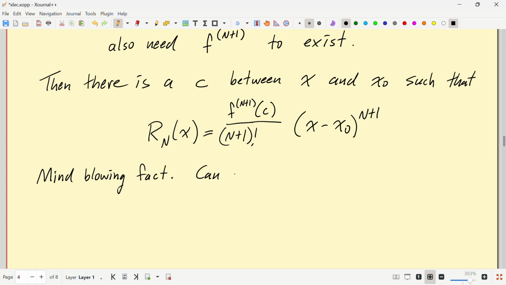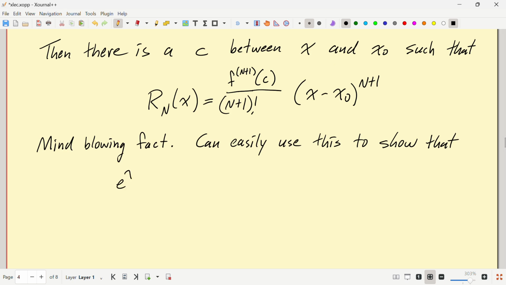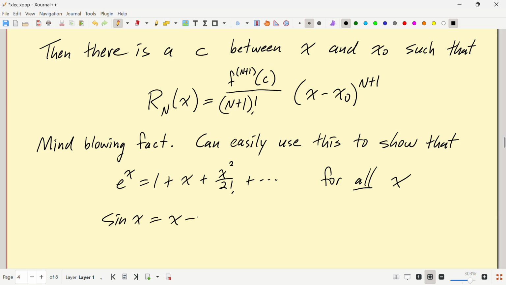You can easily use this error estimate to show that the famous power series for things like e to the x is actually equal to 1 plus x plus x squared over 2 factorial plus blah, blah, blah, for all x. And sine of x, for example, equals x minus x cubed over 3 factorial plus x to the 5th over 5 factorial.